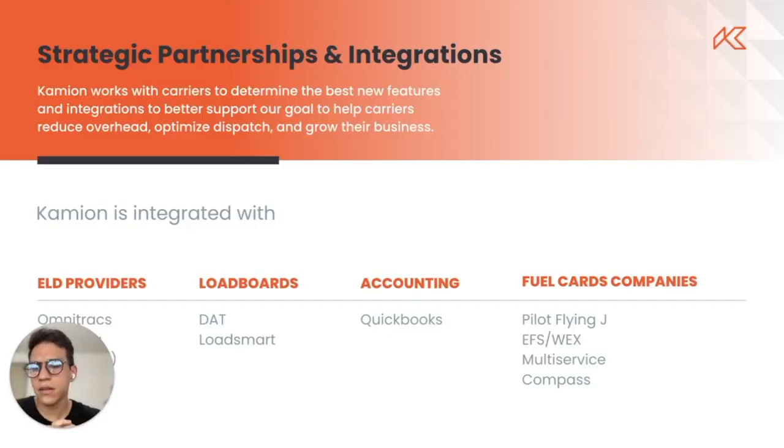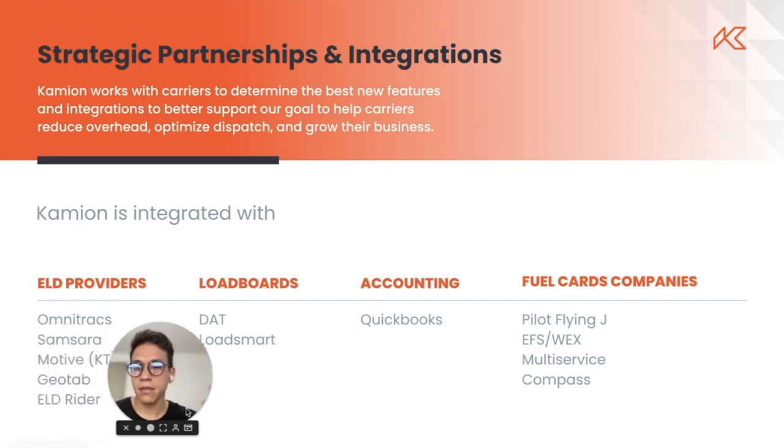Some of our strategic partnerships and integrations that we offer in Kamion: in regards to ELDs, we support Omnitrax, Samsara, Motive, previously Keep Trucking. We have Geotab and also ELD Rider.